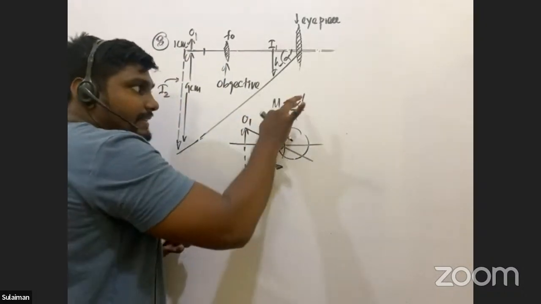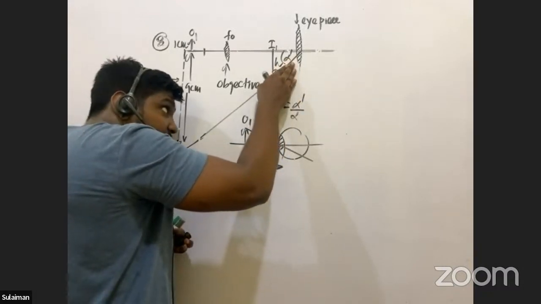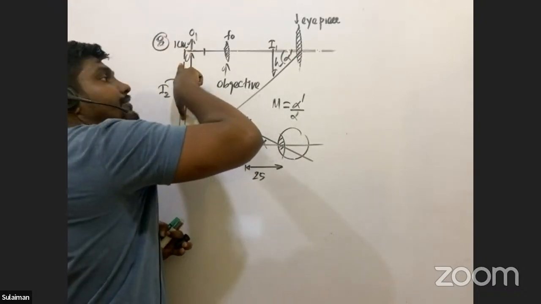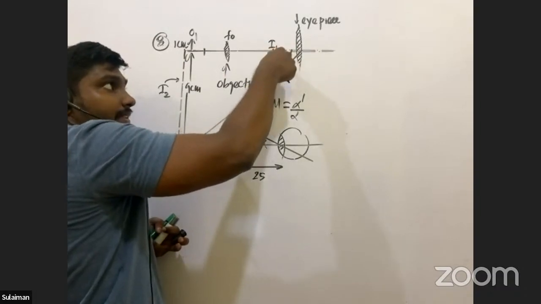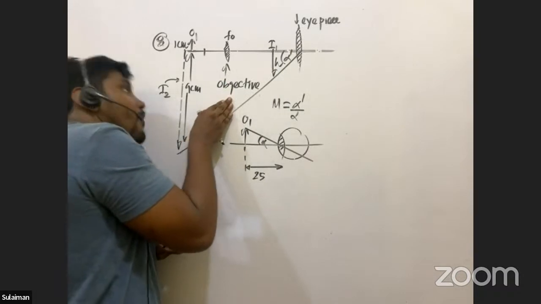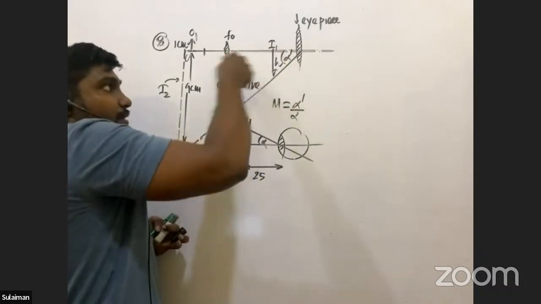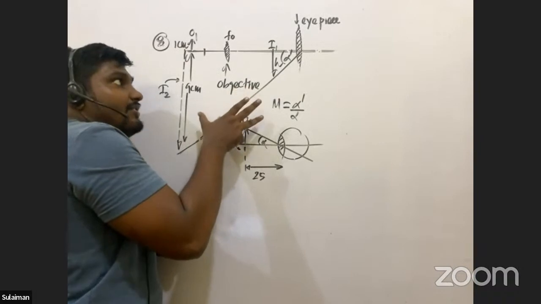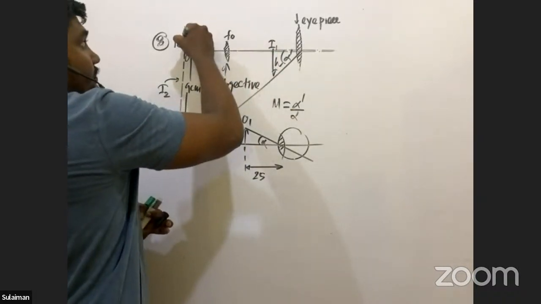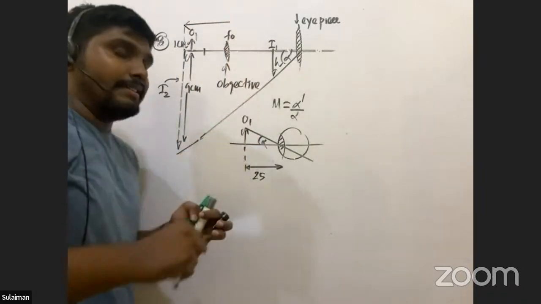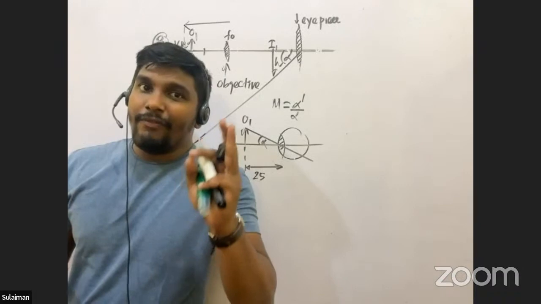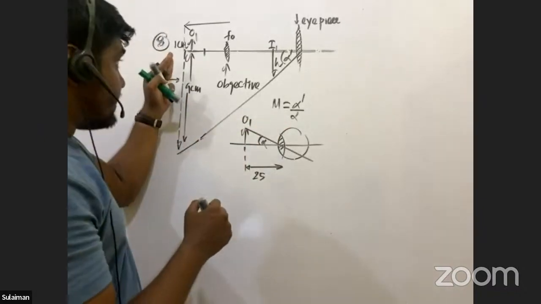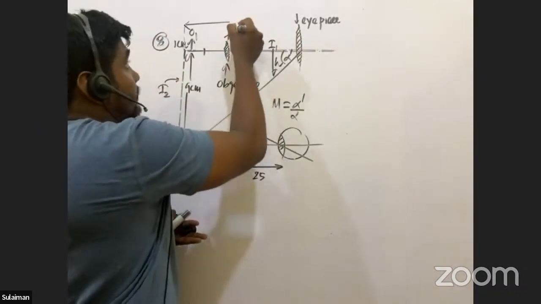Alpha dash is the angle subtended by the final image using the compound microscope. As it is under normal adjustment, the final image forms at the least distance of distinction, so this length is also 25 centimeters from the eyepiece.